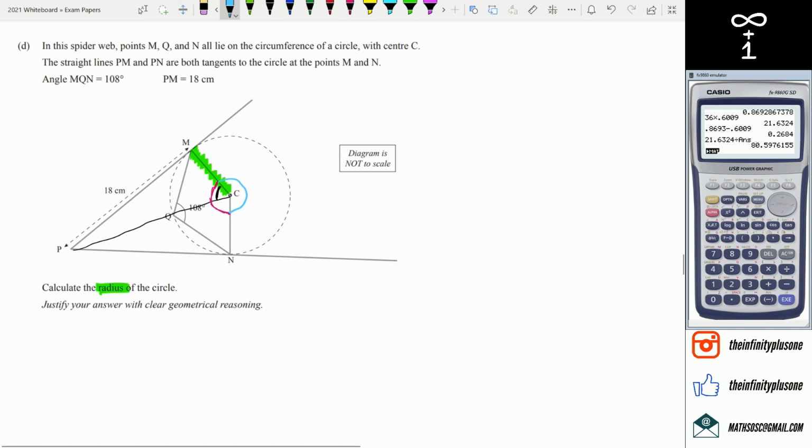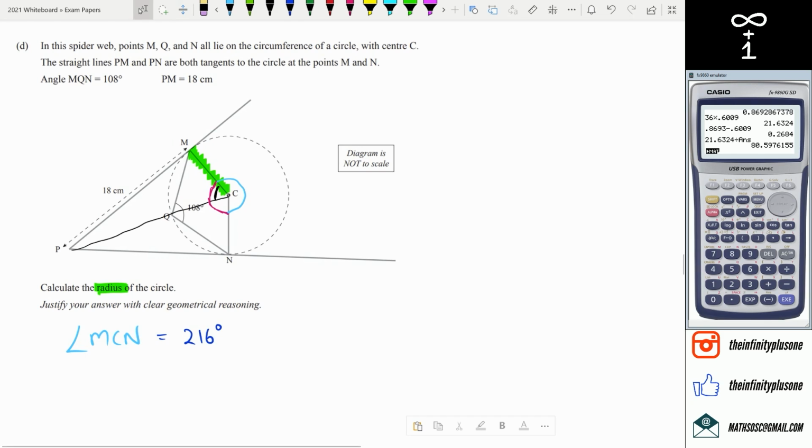All right, so I'm going to work out the blue angle here first, which is angle MCN. Now that's equal to 108 times 2, which is 216 degrees, because angle at center is twice at circumference.